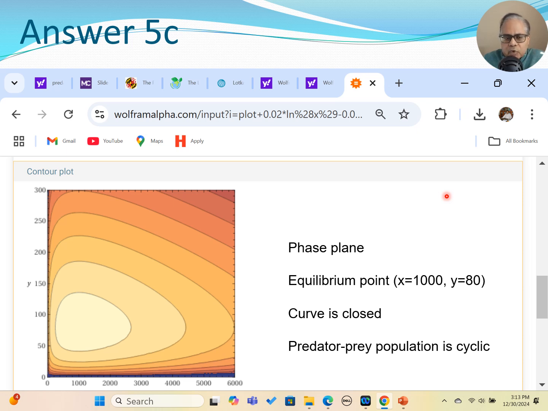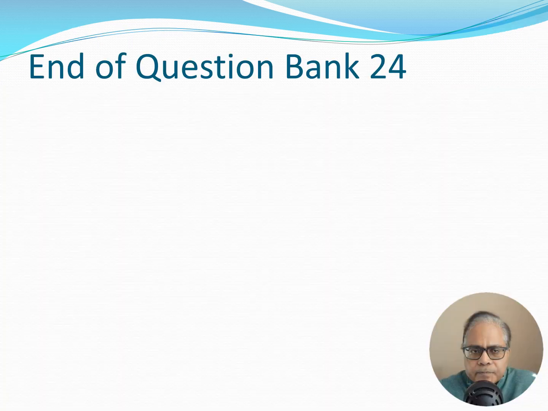You can do that as a homework problem. But if you can't do that also, you can get these nice plots. And through these plots, you can get a lot of insight into the differential equation, though you may not be able to solve it explicitly for x(t) and y(t).